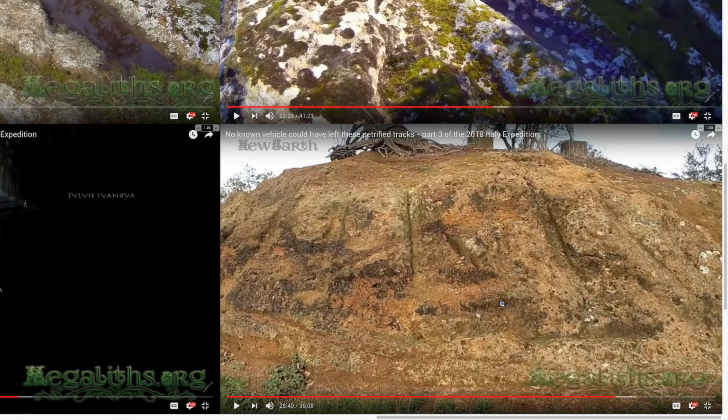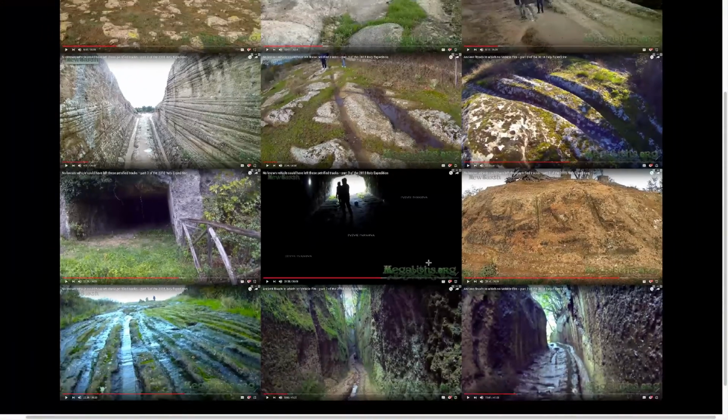And even these, yeah, this looks like it could be tracks, but I don't think it's tracks. Again, I think it's just imposed on the stone to look like tracks, to confuse. Okay.